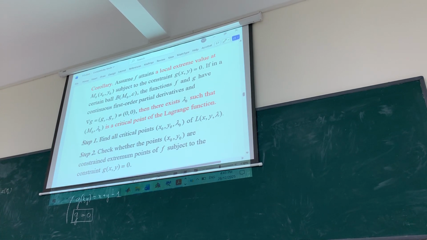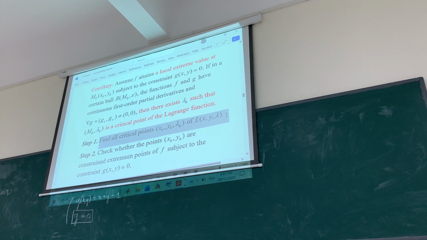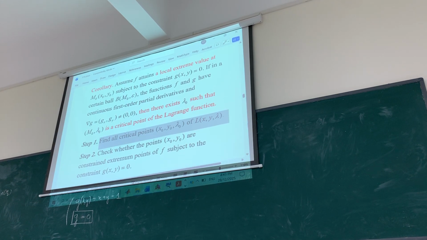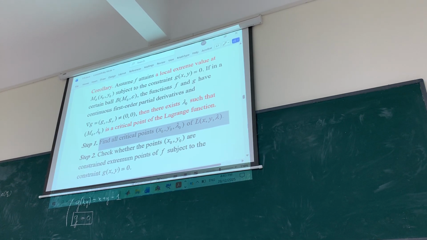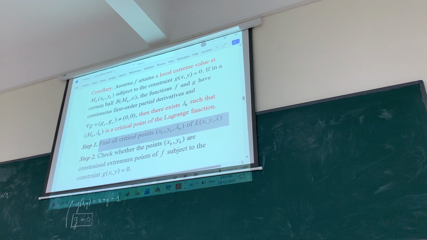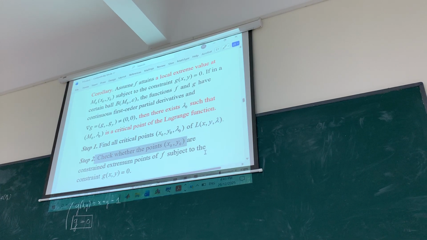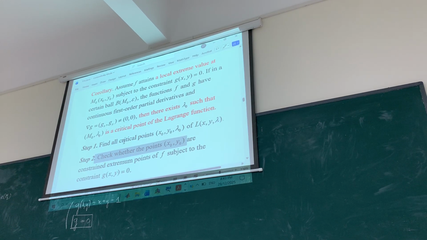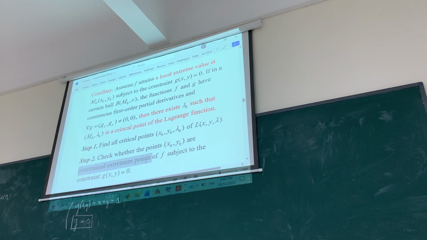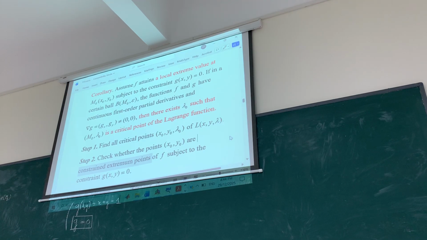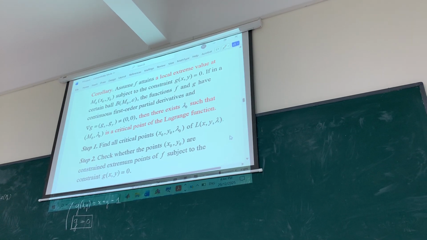The first step, you find all critical points x0, y0, lambda 0 of the Lagrange function. Second step, you check whether the point x0, y0 belonging to the critical points is a constraint extremum point or not. Okay, you have the two steps to check.